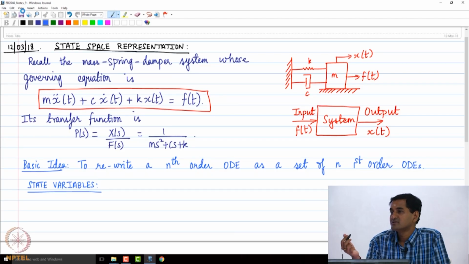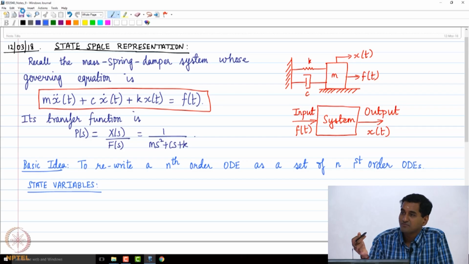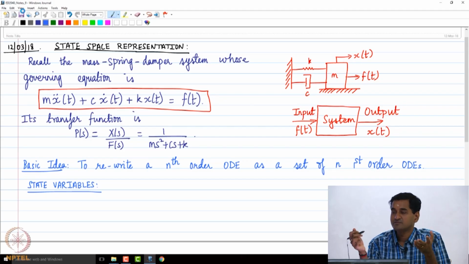Suppose someone gives me information about the displacement and the speed of the mass at each and every instant of time, I would be able to completely characterize what is happening to that mass. In a certain sense, state variables are those variables whose knowledge at each and every instant of time can completely characterize that system. That is the notion of state variables.